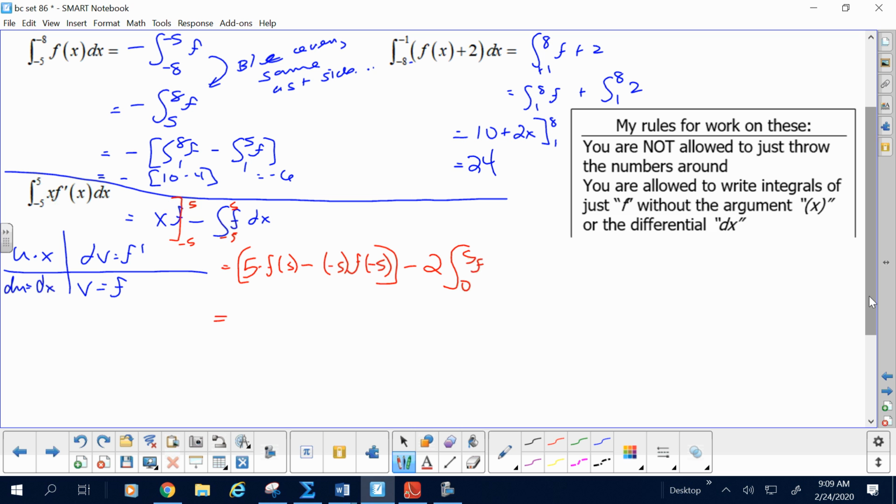Okay, so what is f at 5? 2. What is f at negative 5? 2, because the function is even, the y values at symmetric points have to be the same. And the last we said is 3, so I'm getting something like 20 minus 6, so 40.